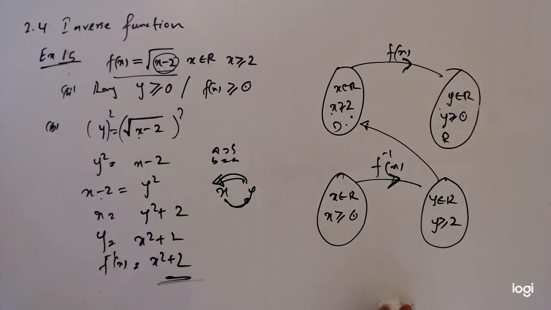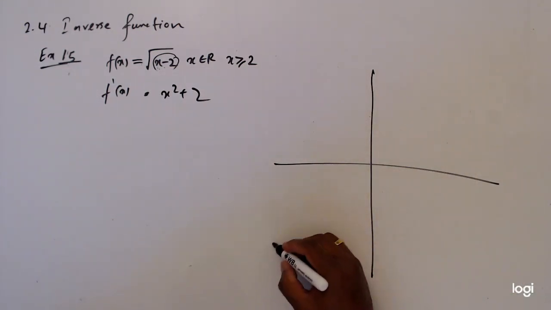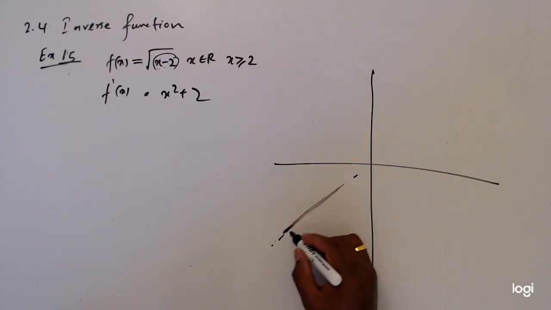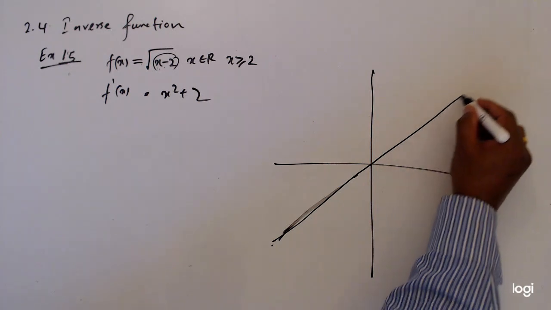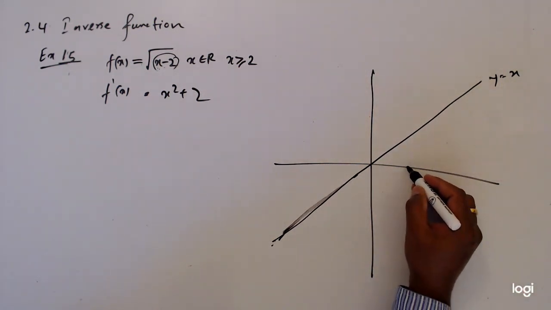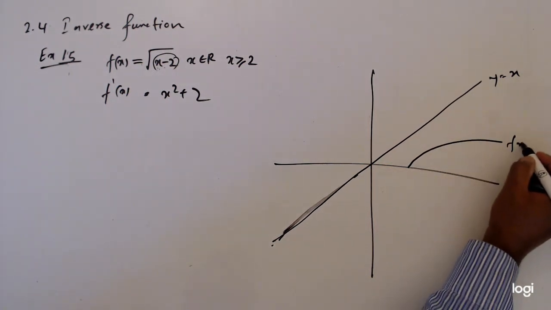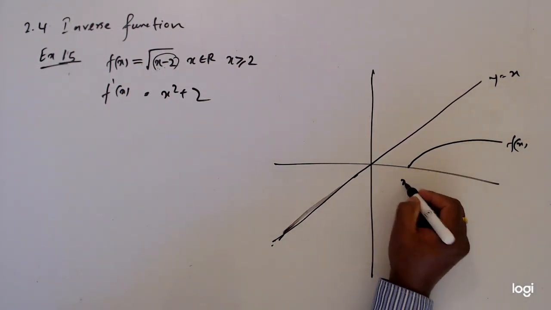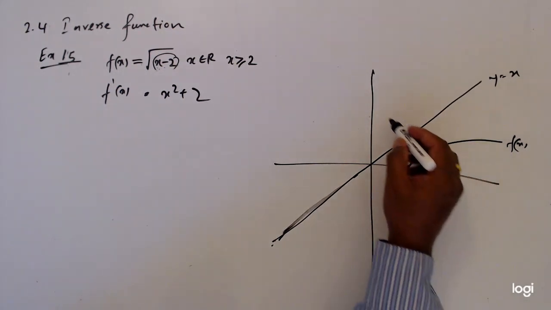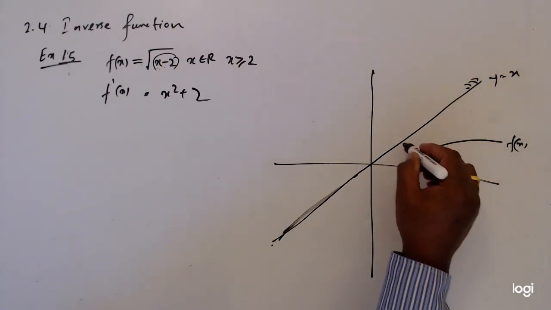Now we need to sketch. This is the y equal x line, the 45 degrees one, and this is the graph of f(x), starting from x equal to 2, then the mirror reflection of this one.